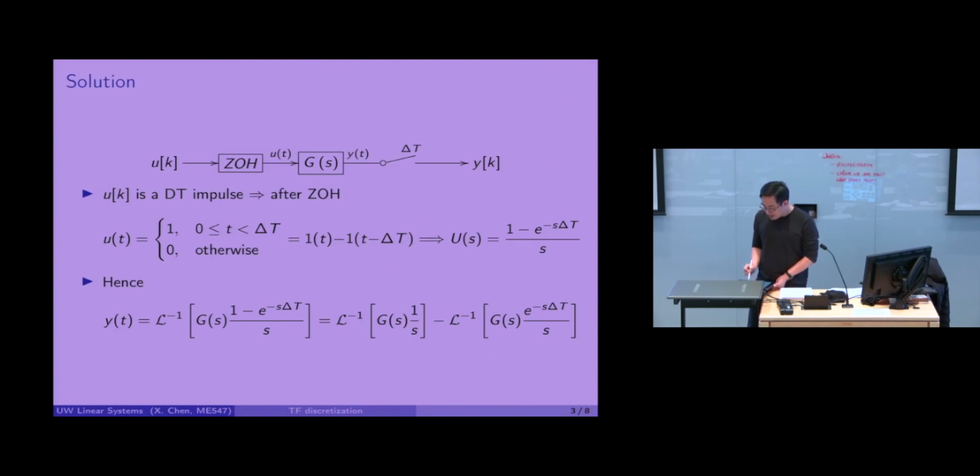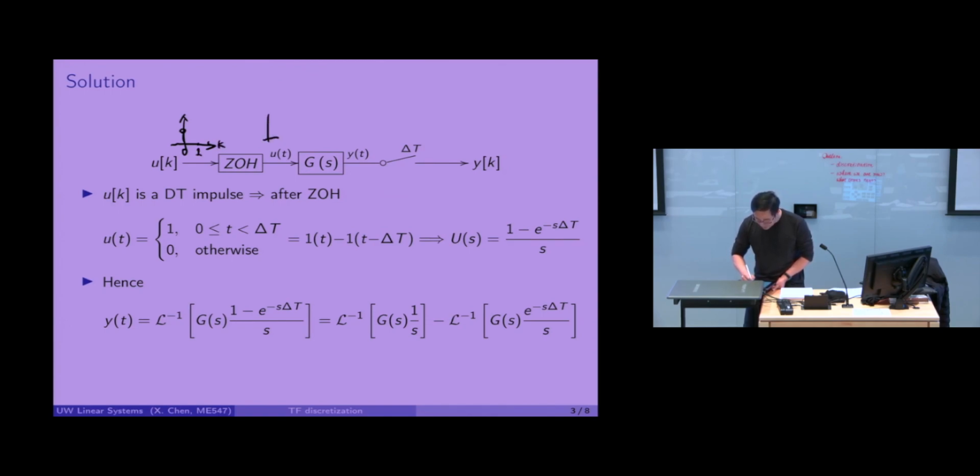The details, actually, there are two little excitements or unexpected surprises that will come out of this derivation. It actually simplifies the result for us. Let's follow our intuition. Let's say u of k is a discrete time impulse. Then after the zero order hold, it's going to become something interesting. So the impulse is like this.